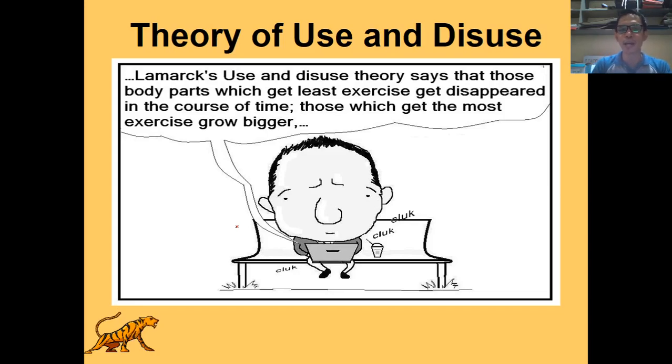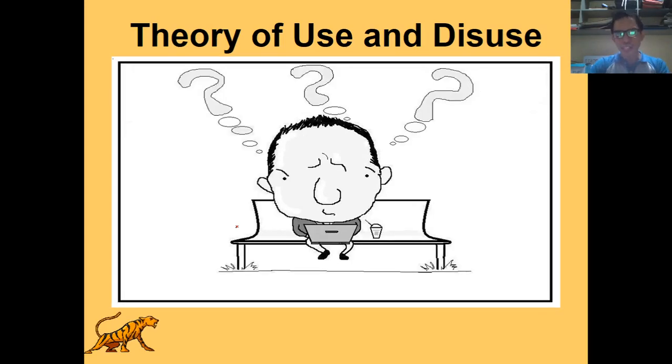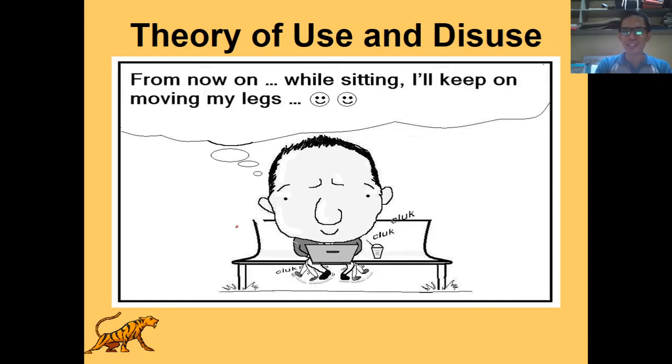That's the reason why snakes today have no limbs for movement. They just slither around. The man in the picture thought that this theory is somehow true, so he will start to move his legs from this point in time, to keep his legs from disappearing.